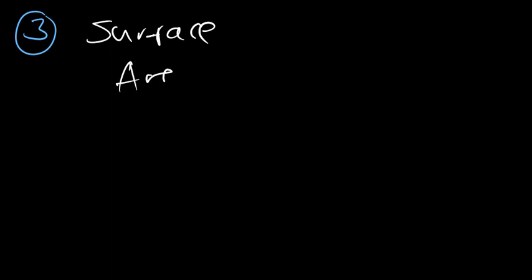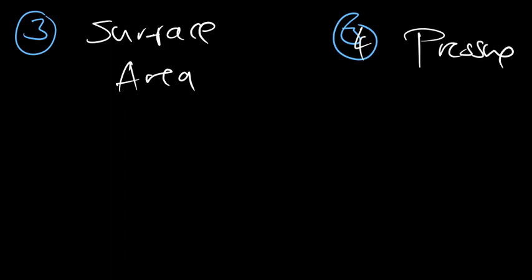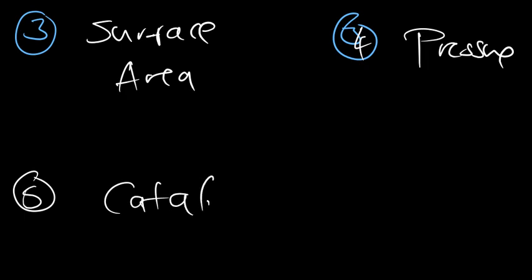So now let me allow you to come in and talk a bit. We talked about surface area, we talked about pressure, and then we talked about the catalyst. Okay. So feel free to unmute yourselves and try to give a reason. What would happen if we were to increase the surface area?